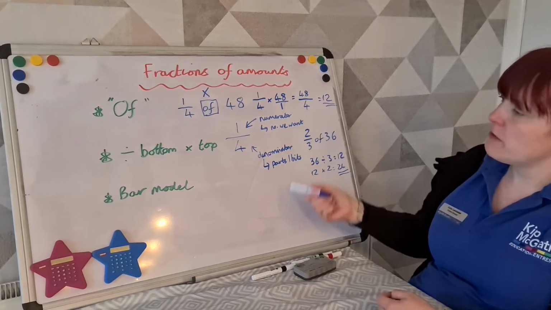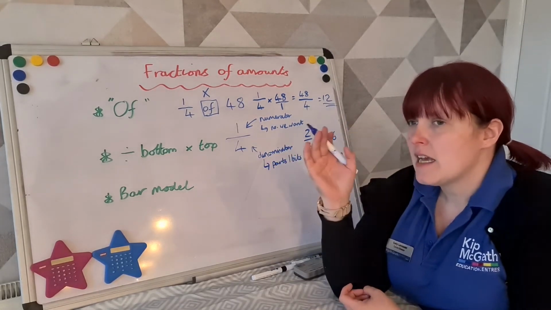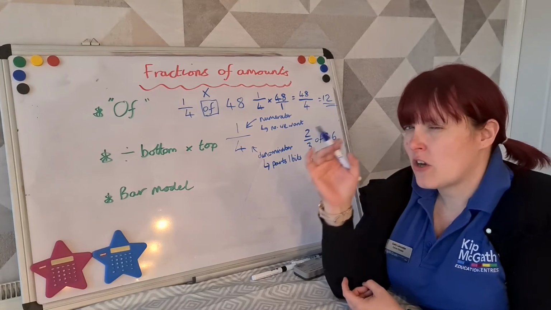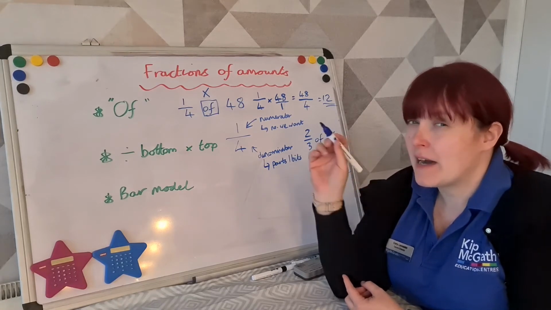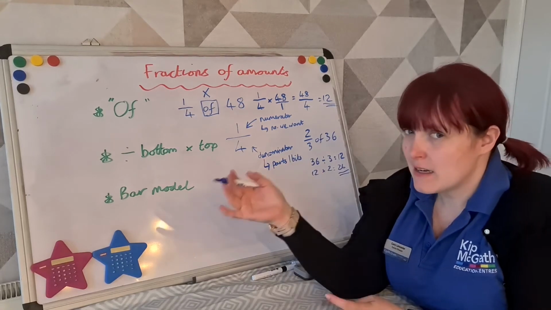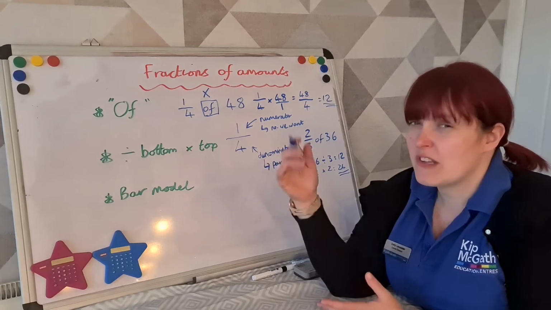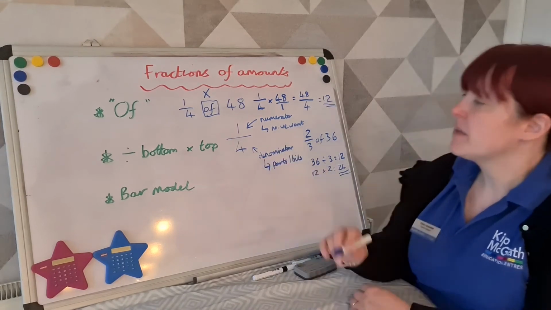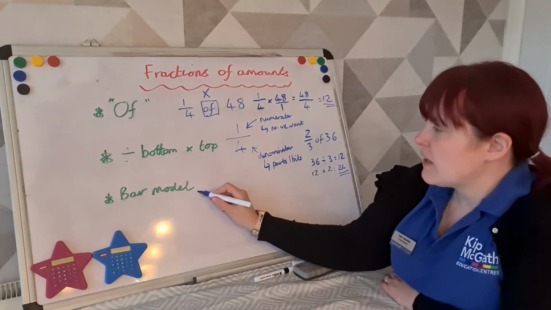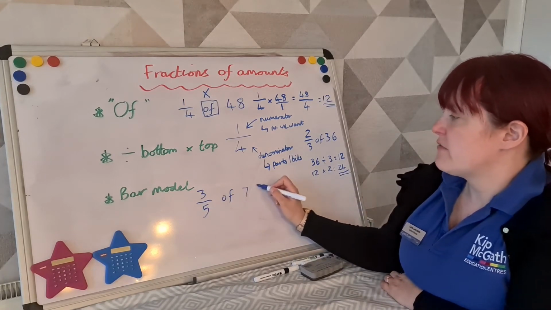Okay, that's 2 methods. This one's quite a new method, the bar model. It's quite nice. It is a little bit dependent on how good children are at splitting a bar up into certain sizes. We can use it for anything, but the problem is that children struggle to make the blocks the same. If they've got square paper, it's usually a bit easier. So for example, say I wanted to find 3/5 of 75.